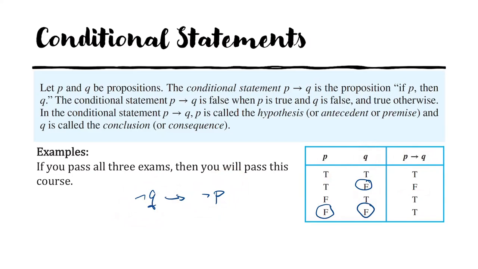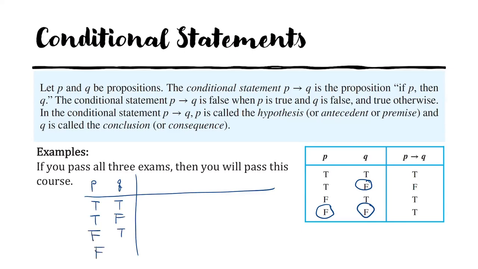So if you want me to construct a truth table, we can have true, true, true, false, false, true, false, false. Now we need to have not P. Let me do it with not Q and not P, since we have not Q implies not P. For not Q, we negate this column.